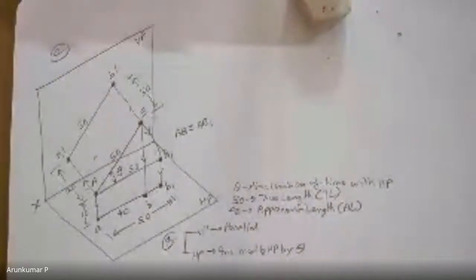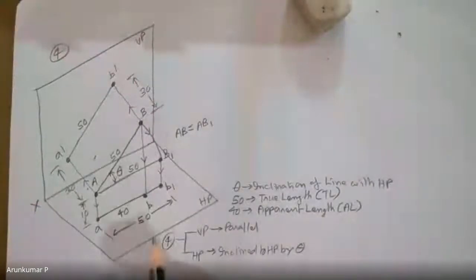It will be 50 mm. Means it will be in its true length. So that is what I wanted. I wanted the true length of the line in the top view on HP. I got it.